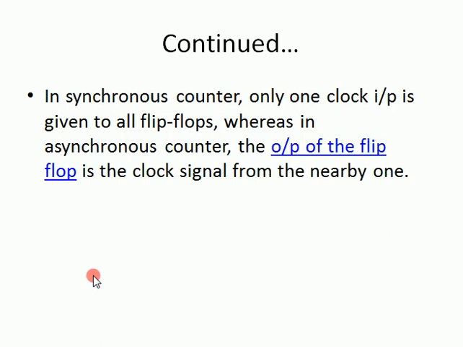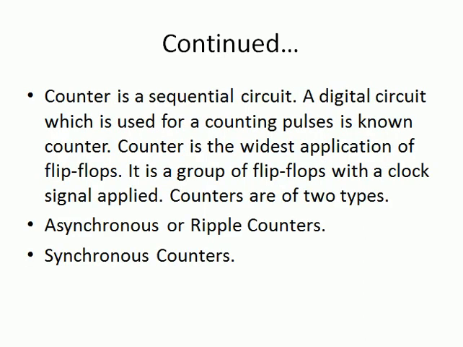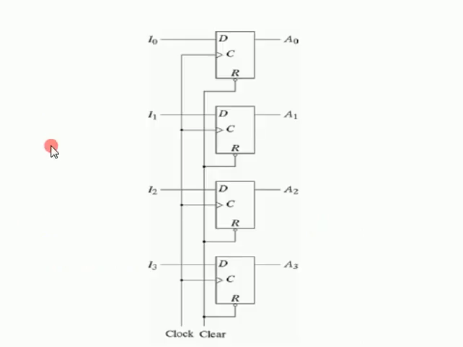In a synchronous counter, only one clock input is given to all the flip-flops. This is an example of the circuit we discussed while discussing registers. Here you see one clock pulse is applied to all the flip-flops. Such counters are known as synchronous counters.